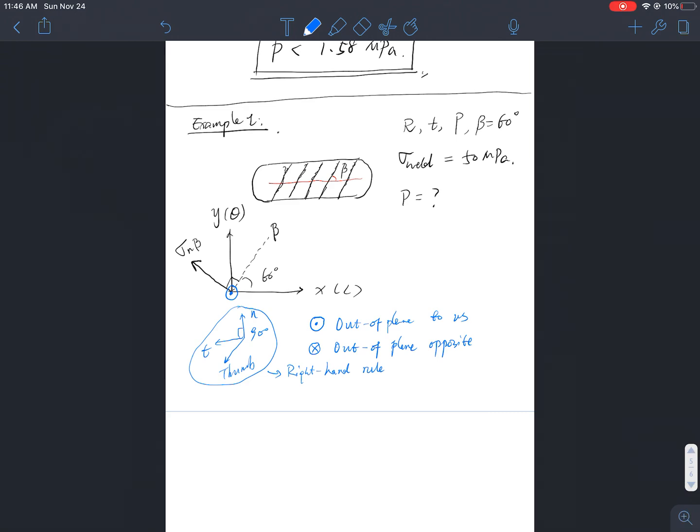I'm looking at a thumb direction towards us, and this is my N, so I'm going to rotate by 90 degrees and get my T.